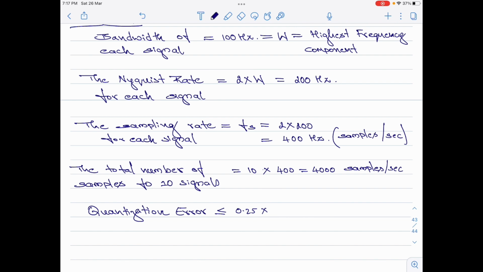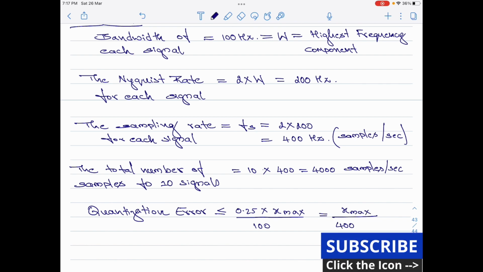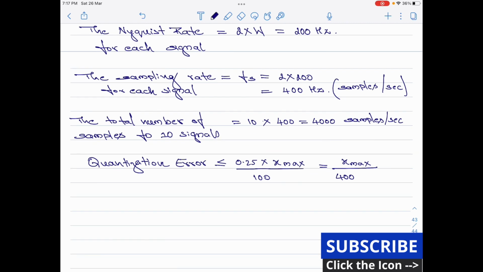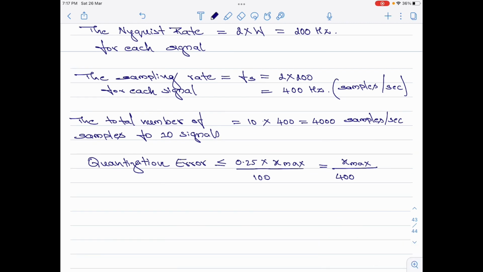So, I will call it X max, where X represents one of the input signals, divided by the bandwidth of each signal, which is 100. So, this is equal to X max divided by 400. In this equation, the quantization error is unknown, so is the value of X max. So, we can't find anything here.